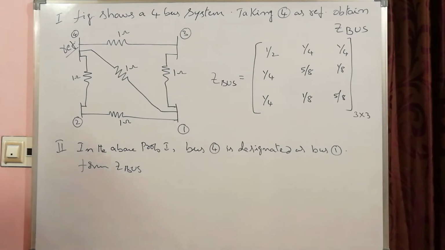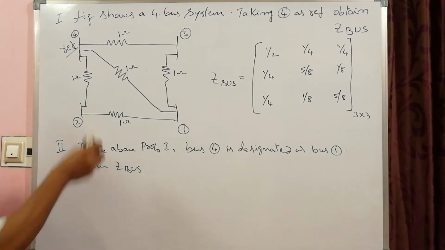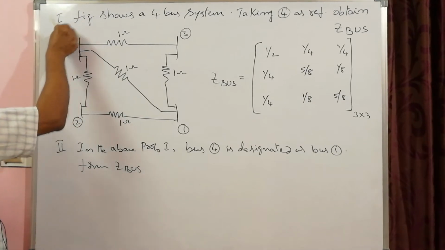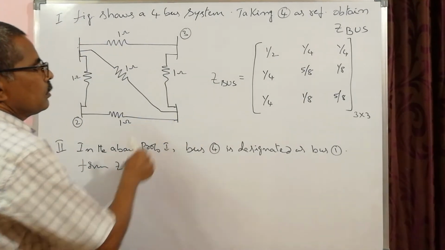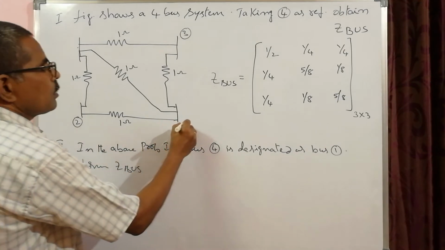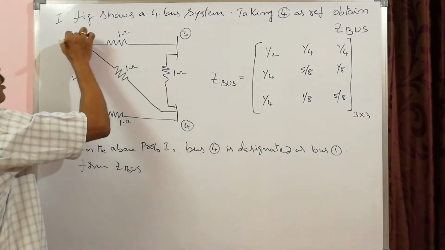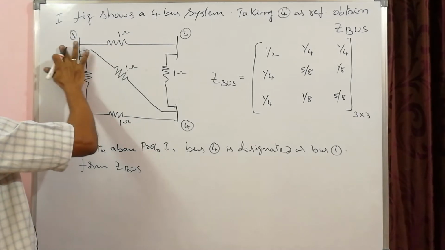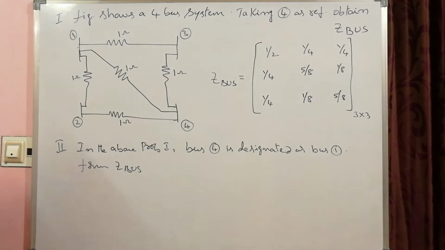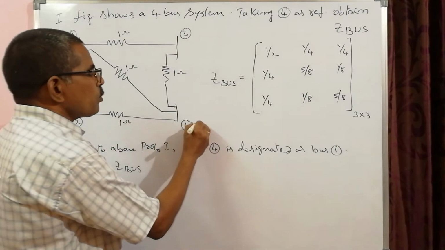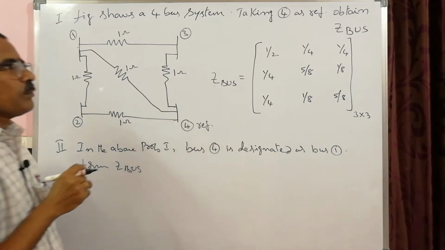Okay. So for this case, instead of drawing again, I am modifying this. This is the 4th bus. This is now 1, and 4th bus is to be taken as reference as usual.